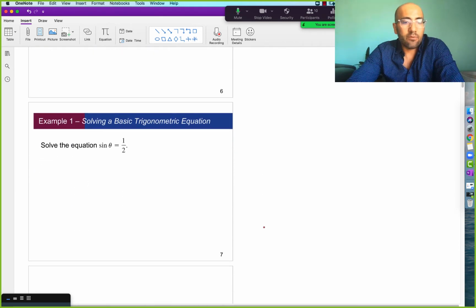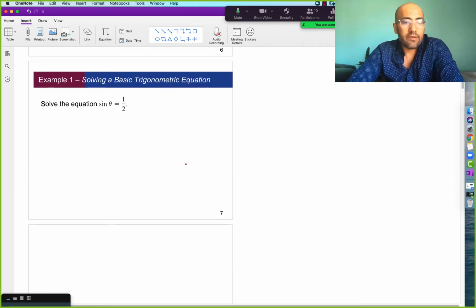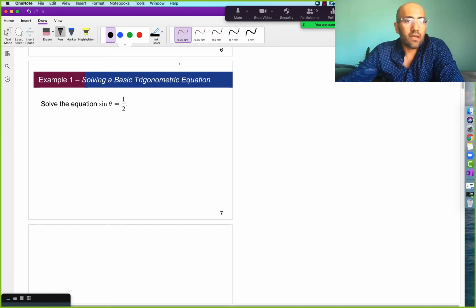So here's a very simple example. Sine of theta equals 1/2. In fact, this one we can solve without technology, since this goes back to one of our standard triangles, 60 degrees, 30 degrees. This side is 1, this is √3, this is 2.